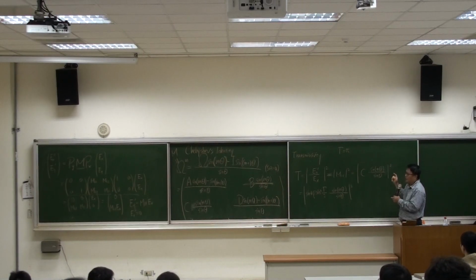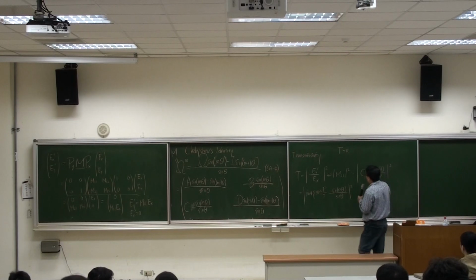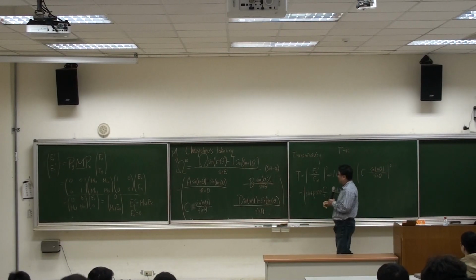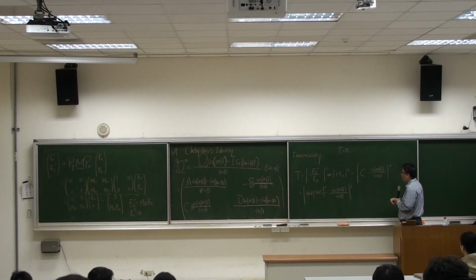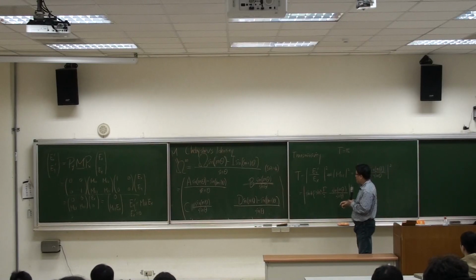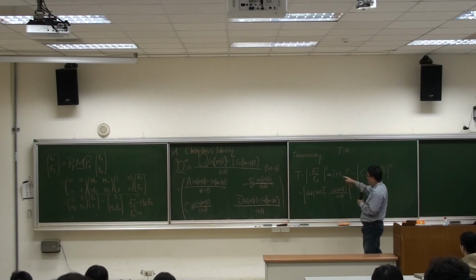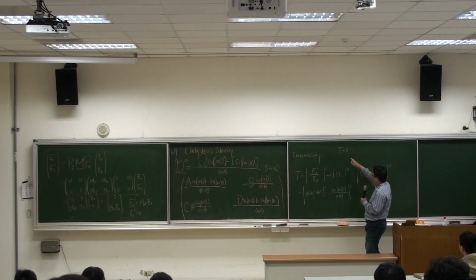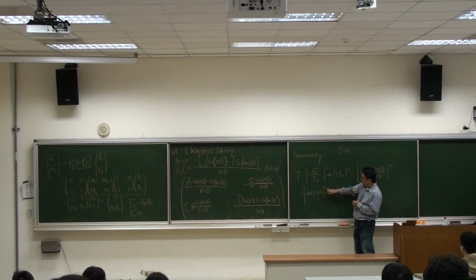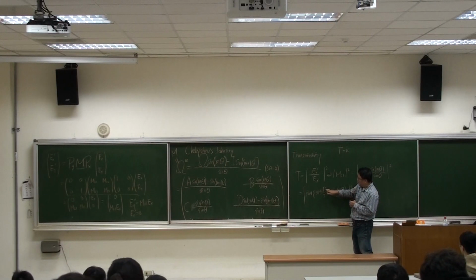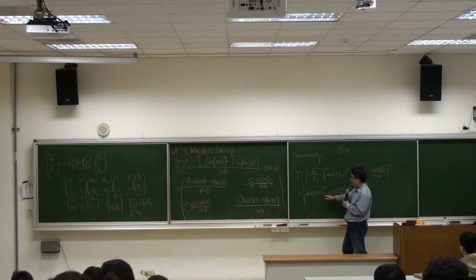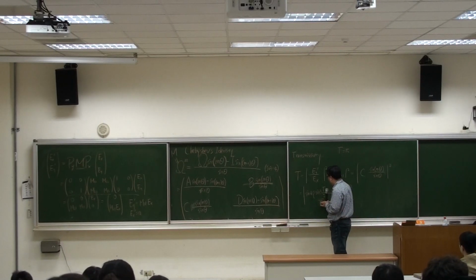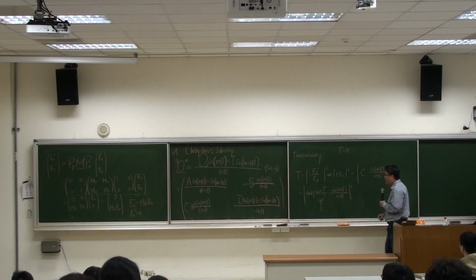Now let me check this result. Okay. If gamma is equal to pi, then how to find these quantities? We see that half gamma, sine half gamma is sine half pi, which is equal to 1. This is equal to 1.